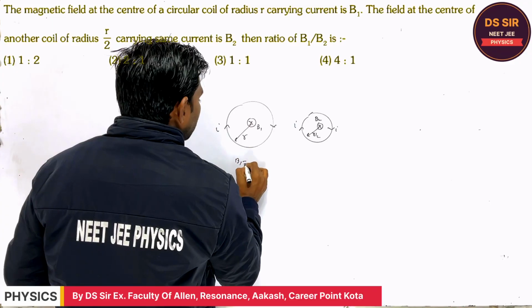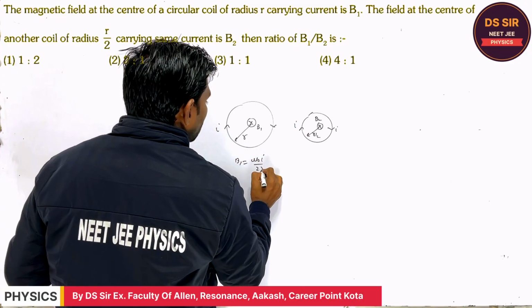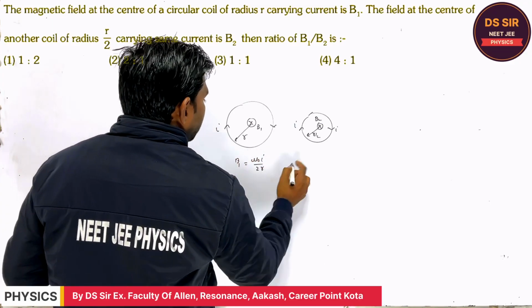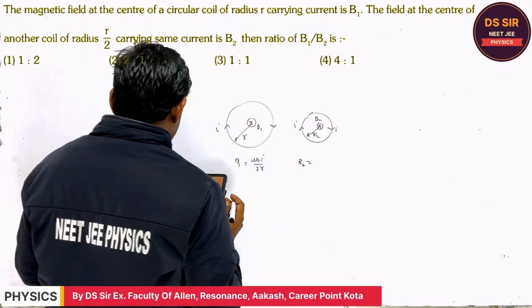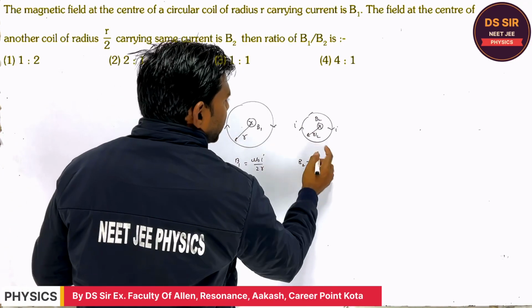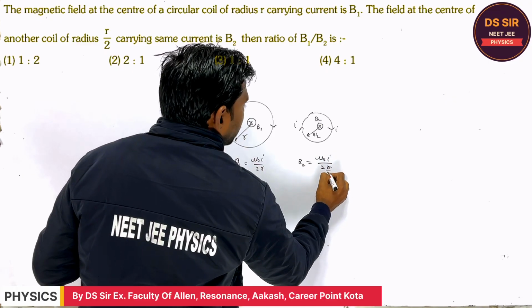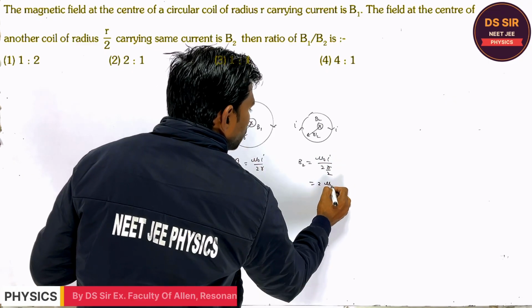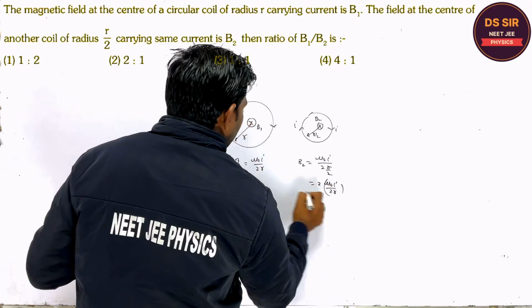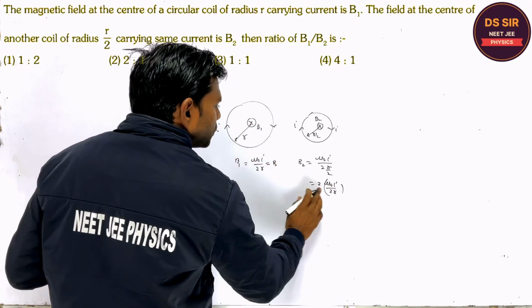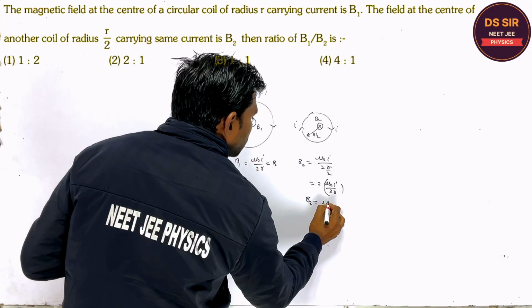So B1 is mu naught I upon 2R, right? And B2 is, with the same current, mu naught I upon 2R by 2, which is equal to 2 mu naught I upon 2R. If B1 equals B, you assume, therefore B2 is equal to 2B.